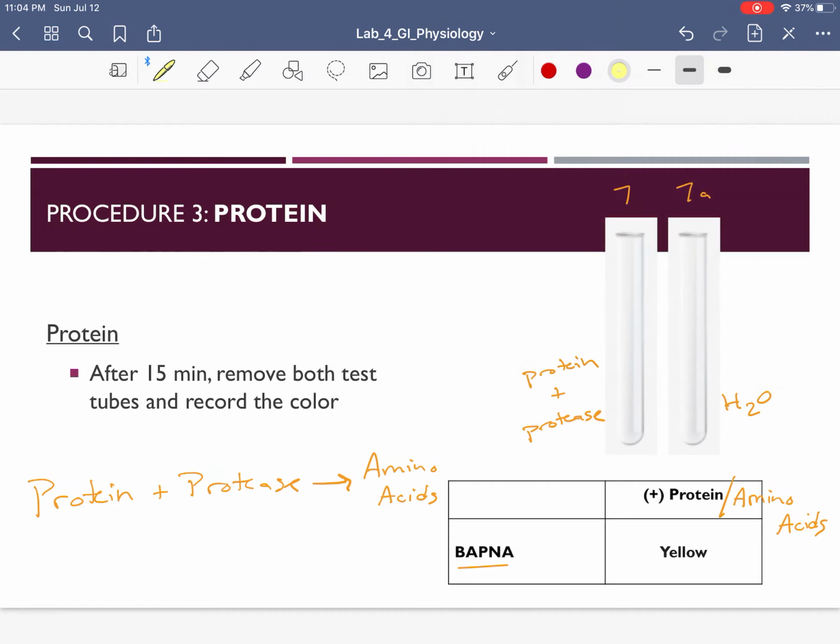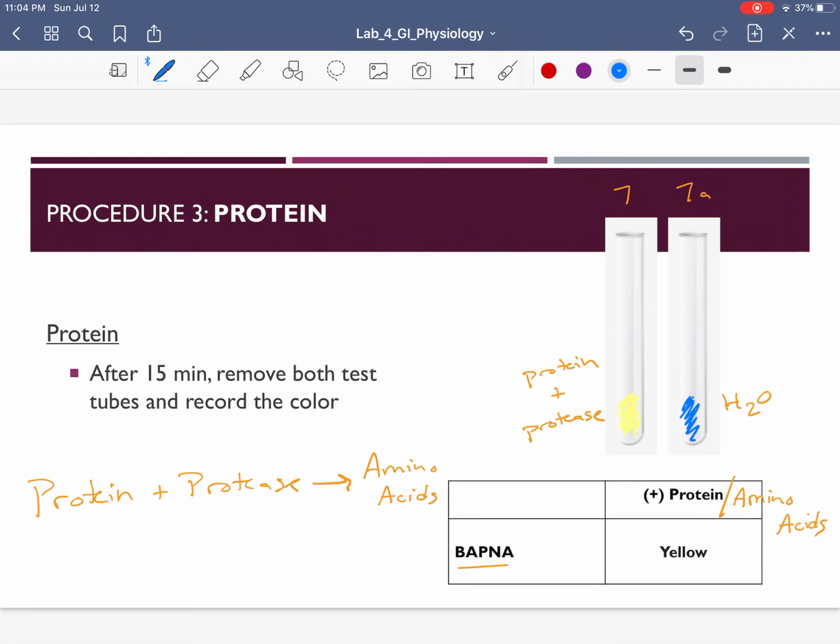When we pull these out of the incubator, test tube 7 will be this color, and test tube 7A will still look more like this. So which test tube showed amino acids? You can tell, right? And we can tell, was protein effectively broken down into amino acids in test tube 7?